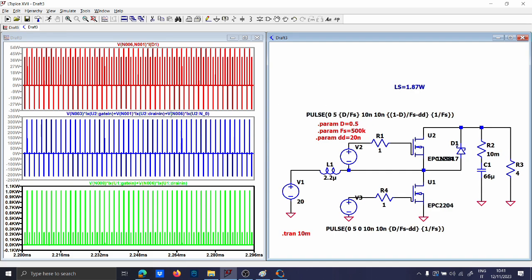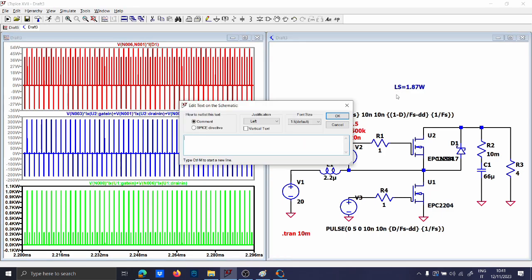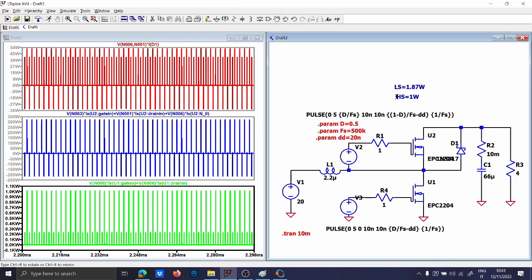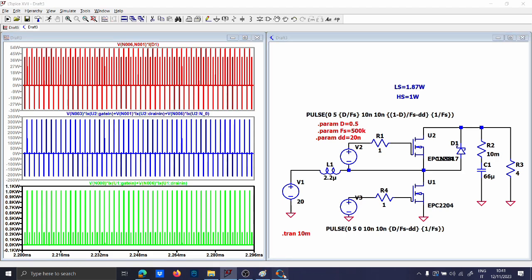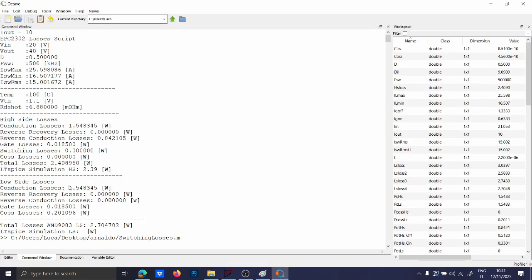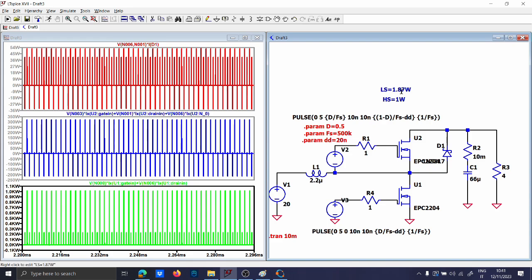For the high side we have 0.98 plus this, which is 100. So for the high side we have 1 watt. And so let's compare to this. The low side connection losses are 1.74, and here I have 1.87.